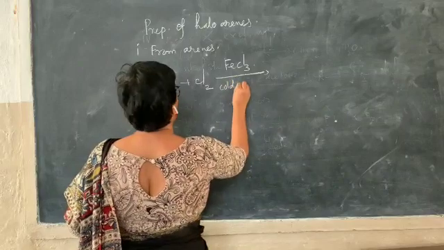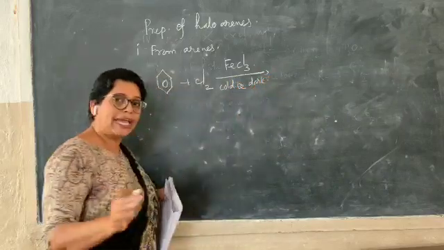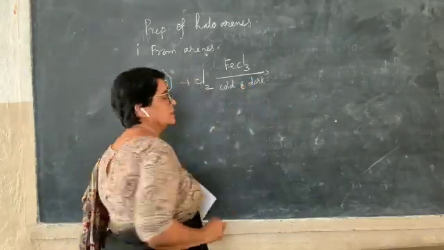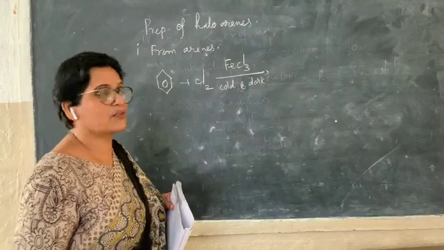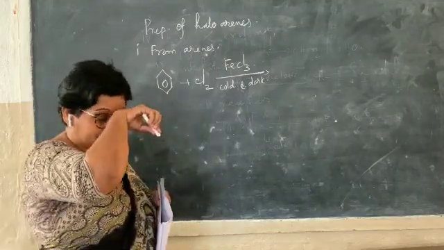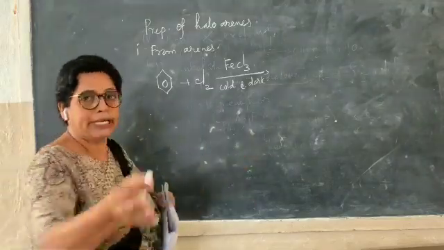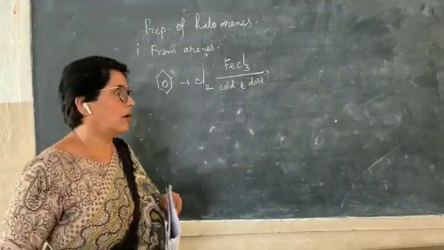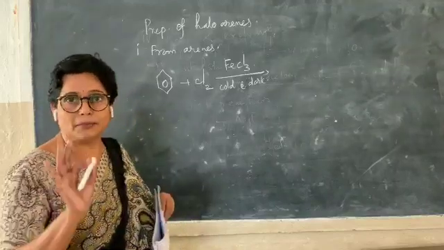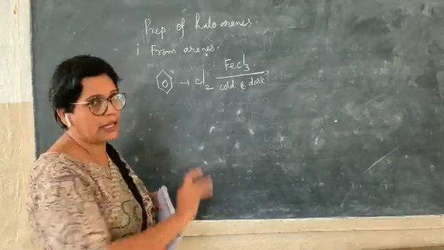Cold and dark. If light is there, the presence of sunlight will be there. So to avoid the presence of sunlight, this reaction must take place in a dark room, that is the laboratory, not near a window, not near light. We have to avoid the presence of sunlight as much as possible. So a dark room is the perfect environment for this reaction.